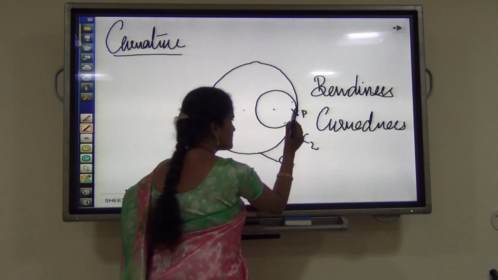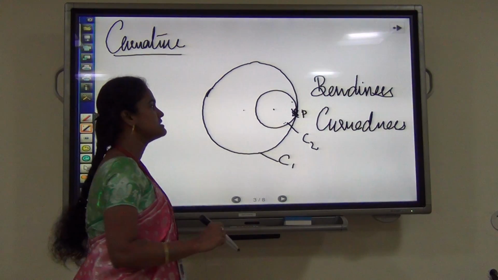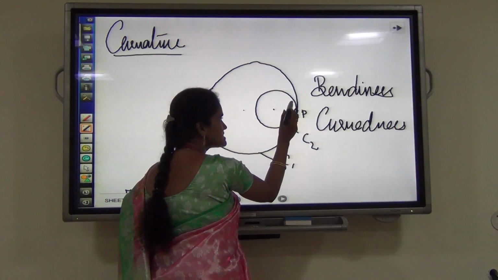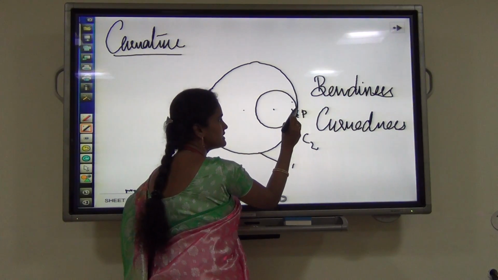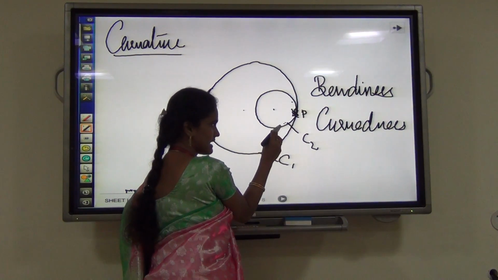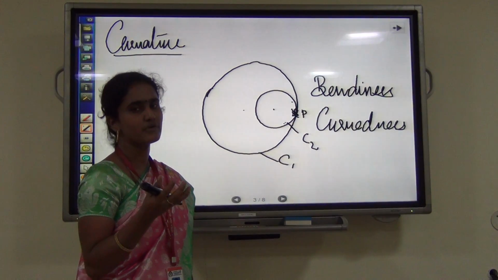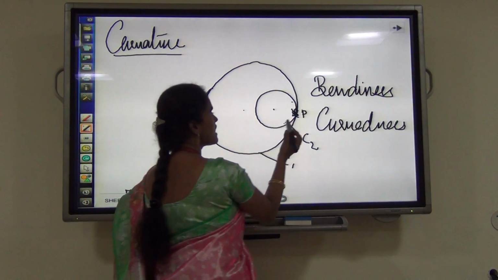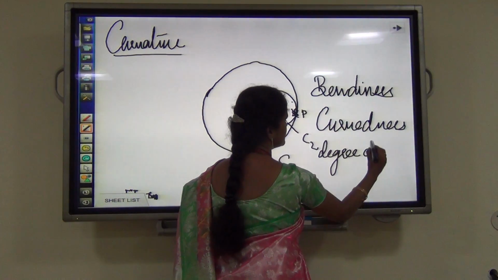So at the particular point P, how are we going to find the curvature? This rate of bend, the shape of the curve, how far it is bent and formed like a curve, is what we are going to find out. Now the degree of curvedness is what we are going to study.